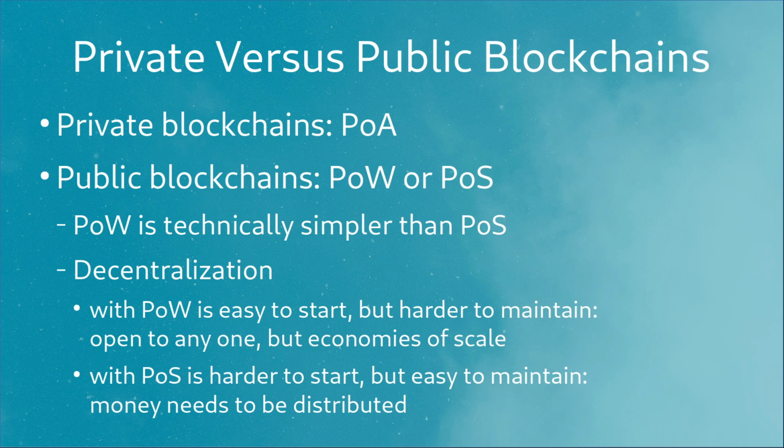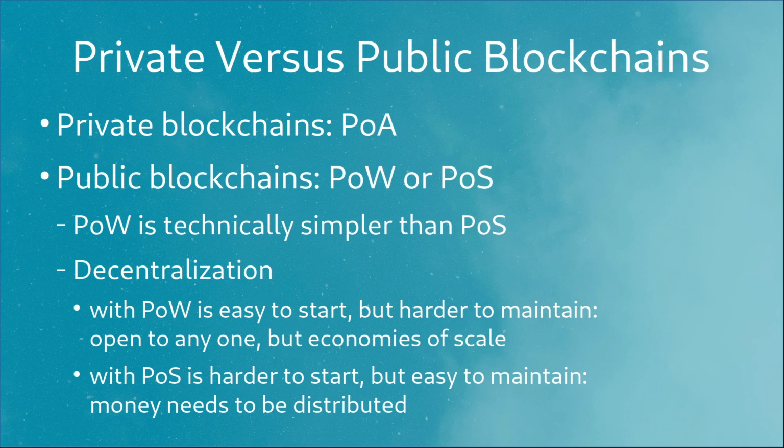But on the other hand, with a proof of work blockchain, people with more compute power are at a cost advantage compared to people with less compute power, and therefore there are economies of scale, and people with more compute power tend to grow their share in the network, and there is a tendency towards more centralization.